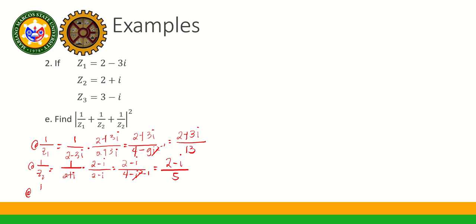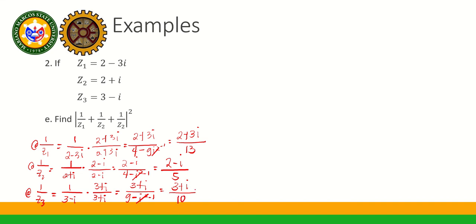And for 1 over z sub 3, that is 1 over 3 minus i. So, multiply natin with 3 plus i over 3 plus i. And this will be equal to 3 plus i over 9 minus i squared. And i squared is equal to negative 1. So, our answer will be 3 plus i over 10.